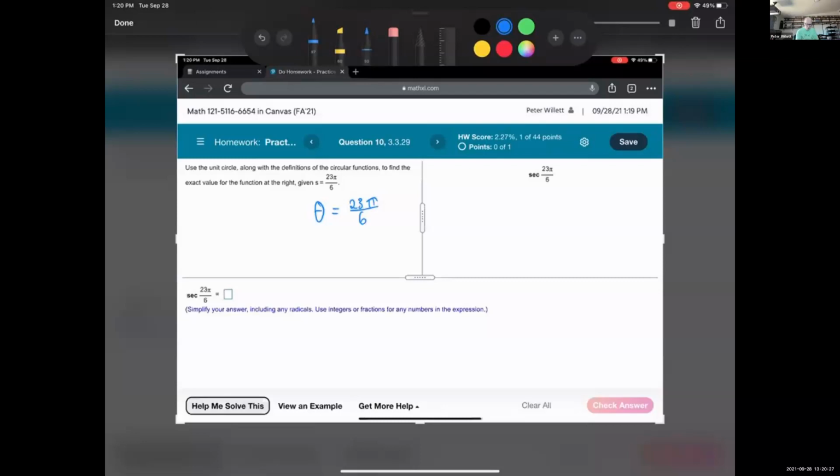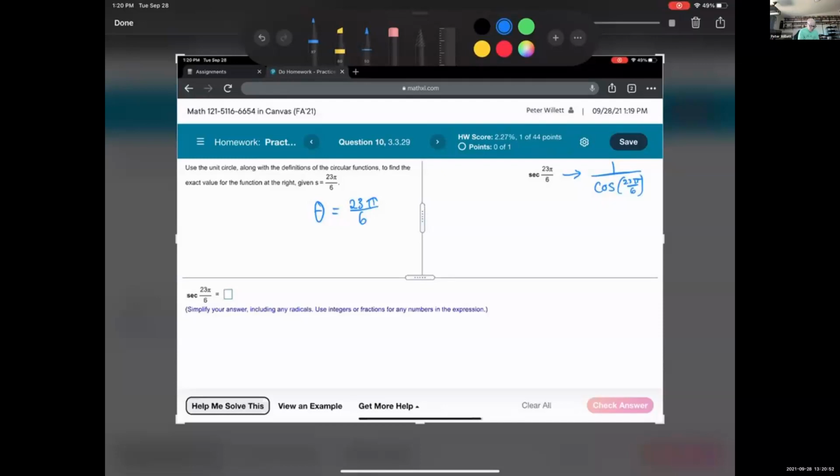And in order to evaluate the secant, I want to remind everybody that secant is 1 over cosine. So this would be equivalent to 1 over the cosine of 23 pi over 6. And the cosine would be the x value of the point at that place.